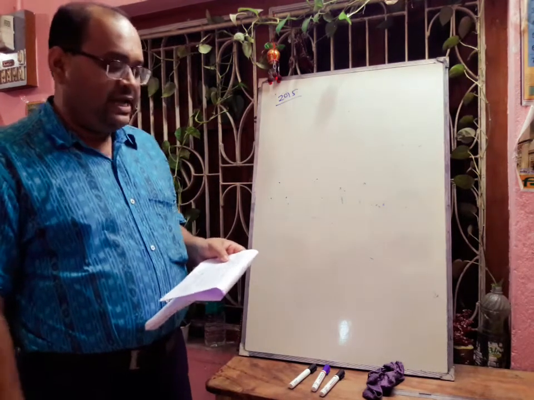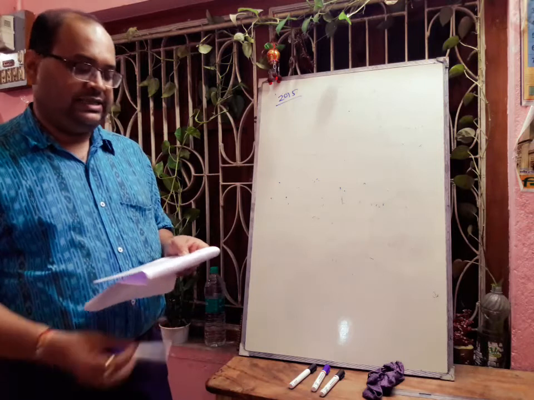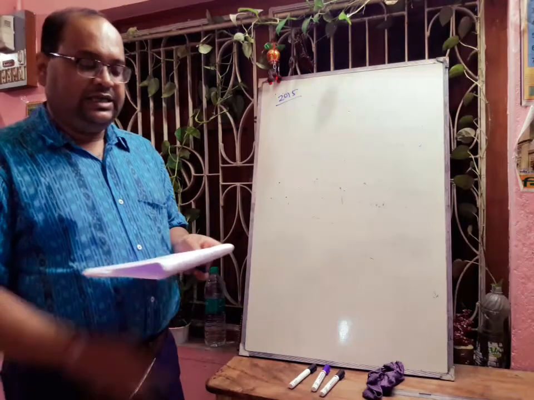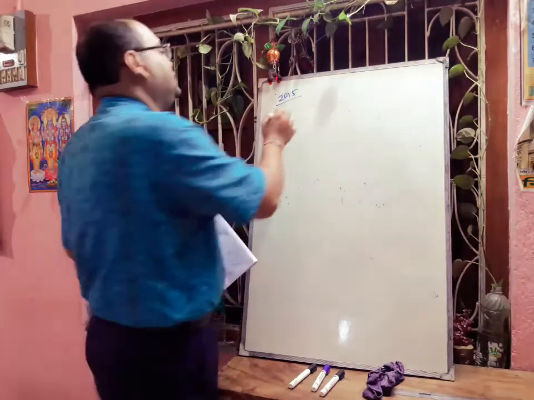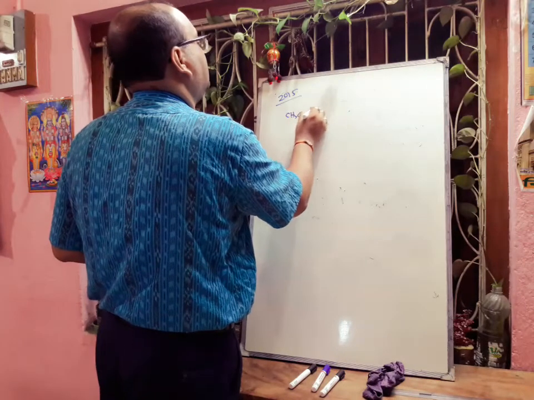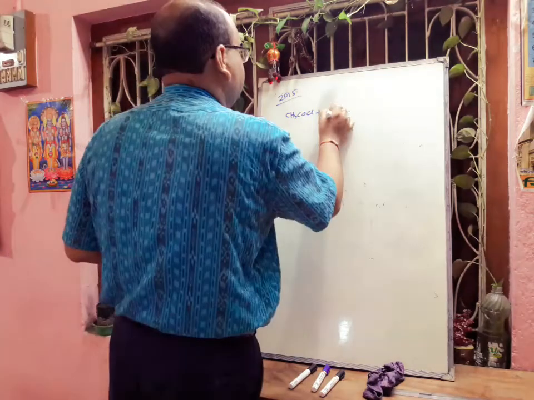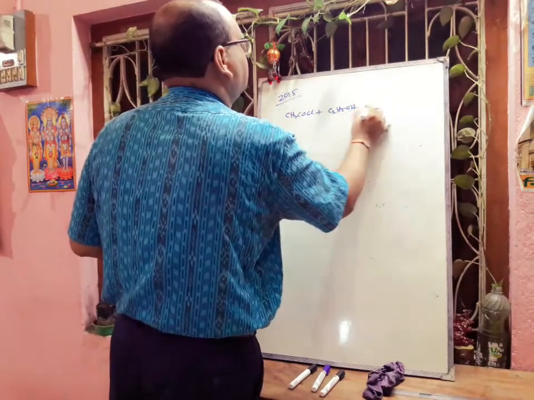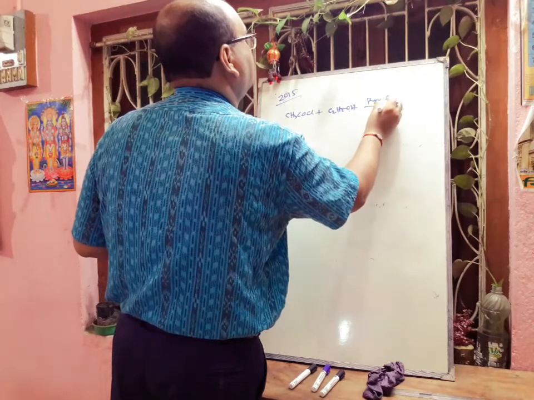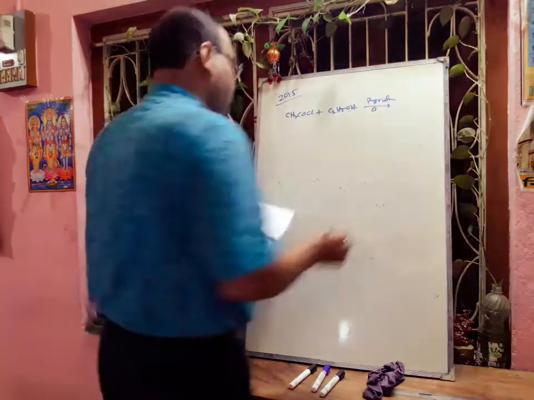Next question is given: give a balanced equation for the following reaction. Acetyl chloride is treated with ethyl alcohol. So CH3COCl is reacting with C2H5OH. Here pyridine is also required. If we apply heat, then what will happen?